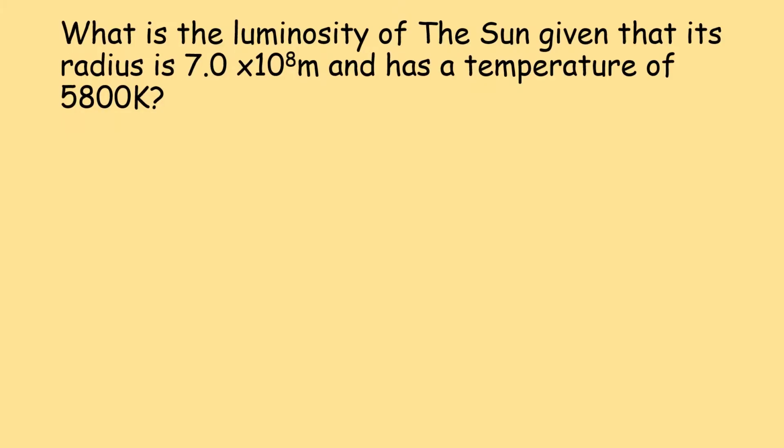So let's use this information to do some calculations. If we use the Stefan-Boltzmann law, we can find out the luminosity of the sun, given that its radius is about 7 times 10 to the 8 meters, and it's got a temperature of 5,800 Kelvin. So we know that the luminosity is given by sigma times surface area multiplied by the fourth power of temperature, and that the surface area of the sphere is given as 4 pi r squared.